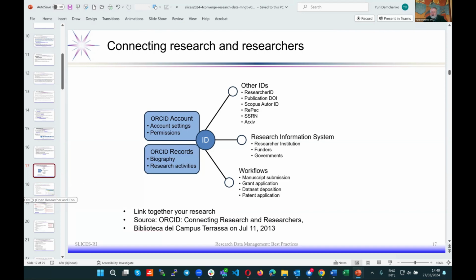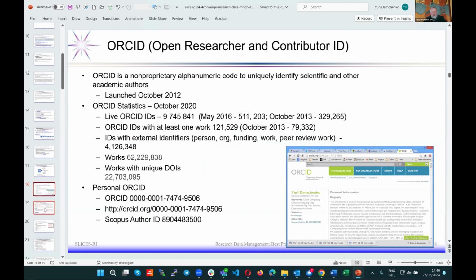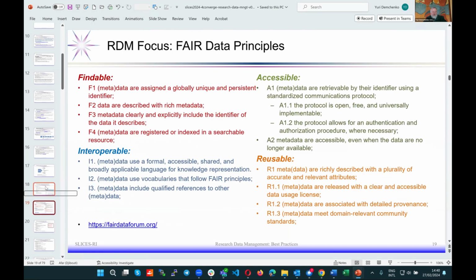Okay, so now we have probably time before we go to FAIR data principles and actually data management.